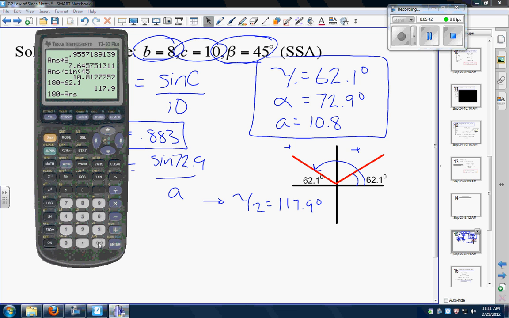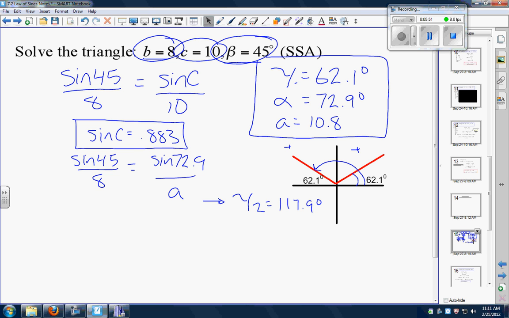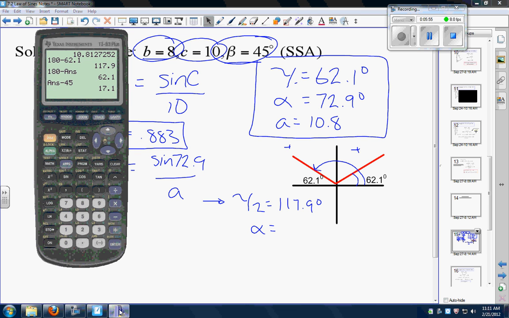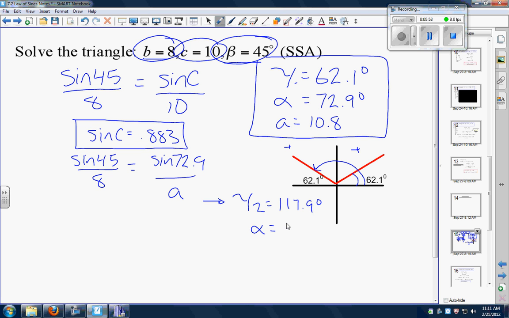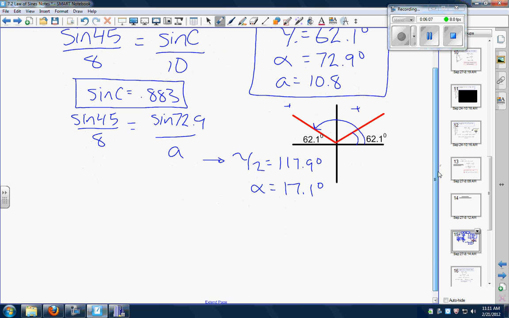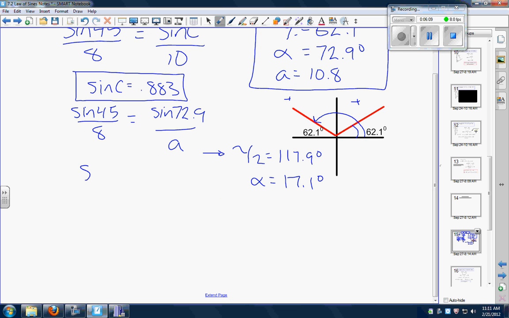If we think we can squeeze in that angle there, we're already given a 45, so that's going to make angle A now 17.1 degrees. So we can have two triangles here. Then the last thing is we just have to find a again.